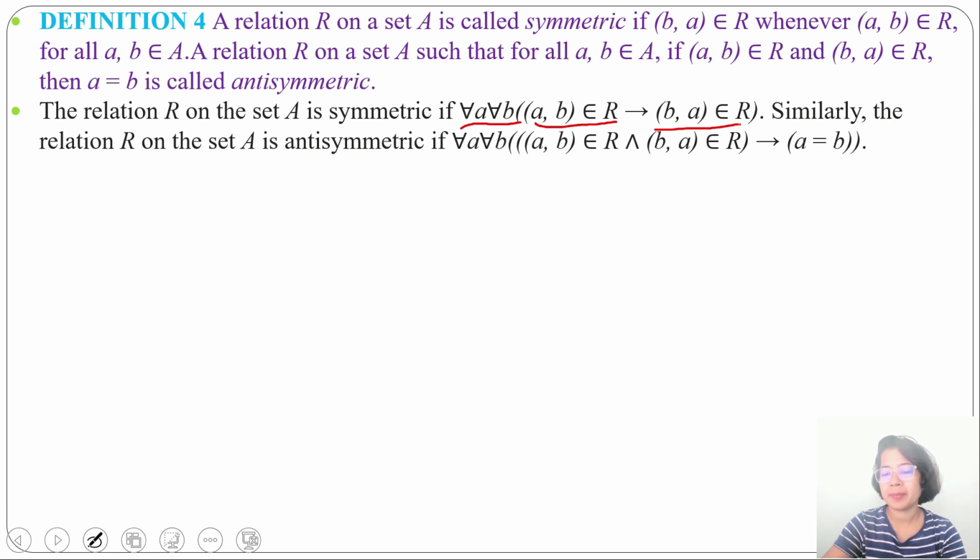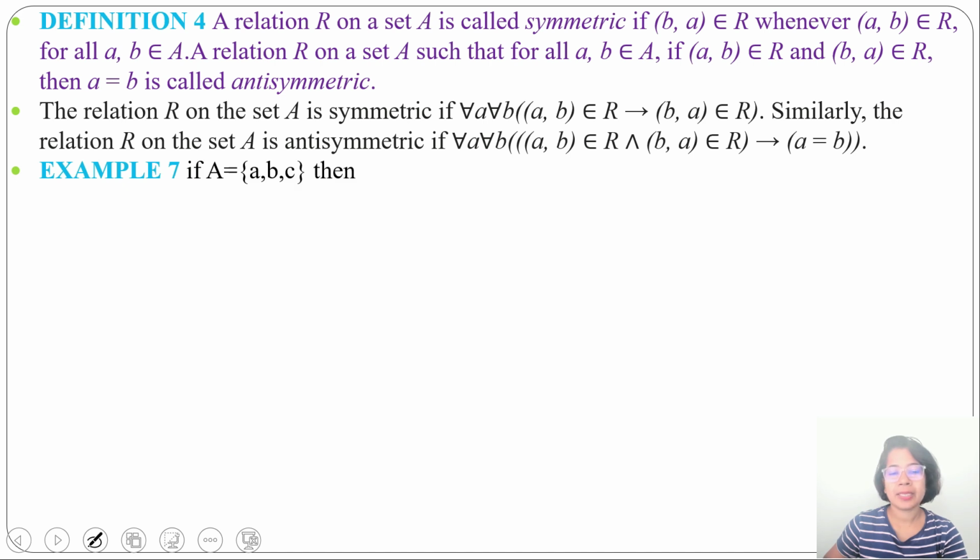In case of antisymmetric, for all a, for all b, if (a,b) belongs to R and (b,a) belongs to R, then a equals b. Just understand the difference between symmetric and antisymmetric. In case of symmetric, if (a,b) belongs to R, then (b,a) must belong to R. In case of antisymmetric, if both (a,b) and (b,a) are present, then a must be equal to b.